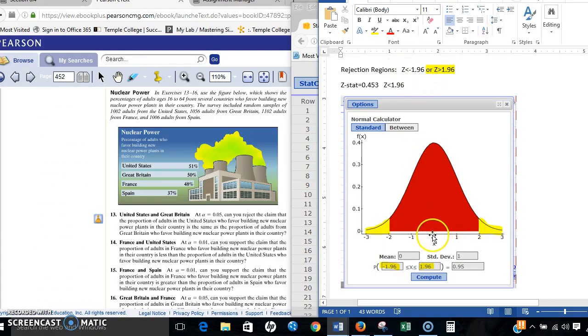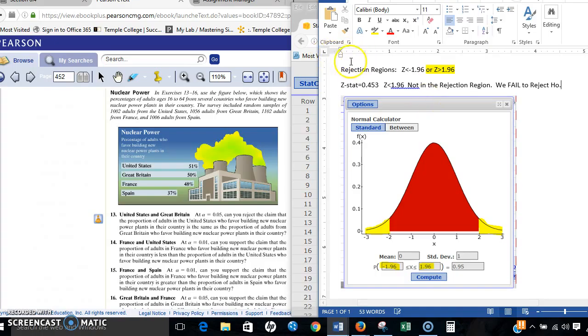It's between 0 and 1.96 here in this area that's not part of the rejection region. So it is not in the rejection region. What that means is we fail to reject H sub O. So this is one way to determine whether you can reject a claim or fail to reject. In this case, we fail to reject H sub O.